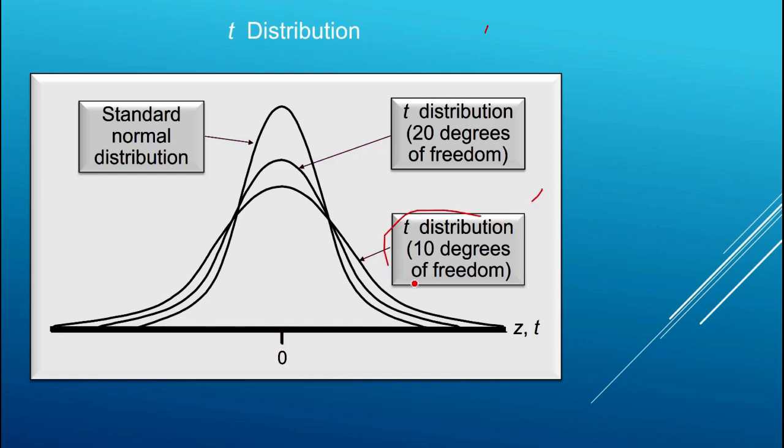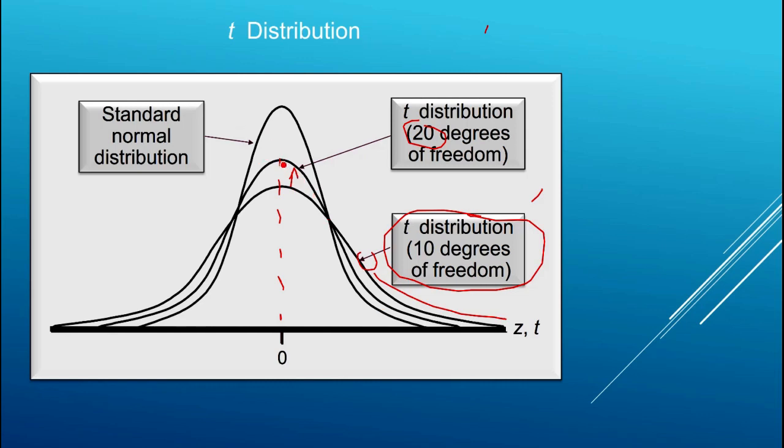This is a t-distribution here. It has 10 degrees of freedom. You can see that this distribution has fairly fat tails, like I said before. There's more area out in the tails of this distribution, and there's less at the mean here, which is 0. And as the degrees of freedom goes from 10 to 20, you can see that the area leaves the tails and comes up into this other t-distribution that has 20 degrees of freedom.